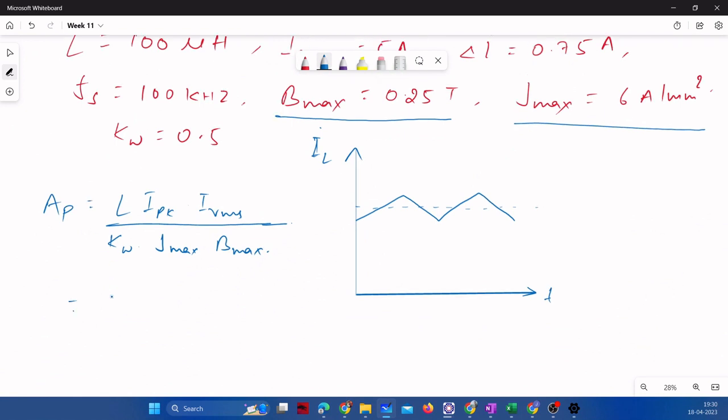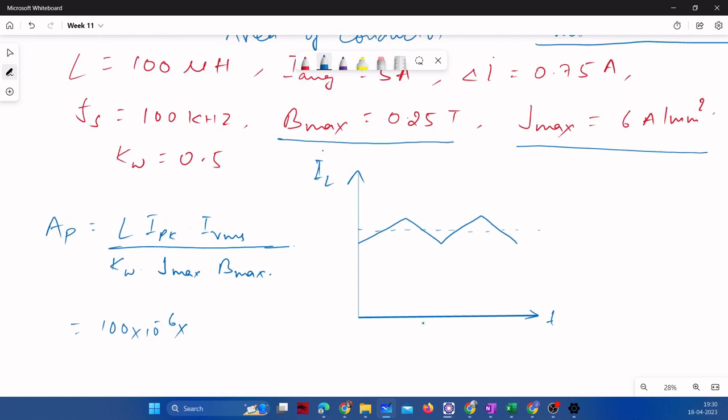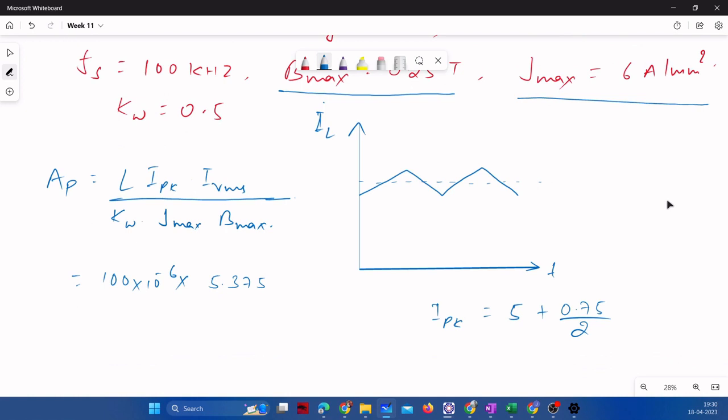So here I will just plug in 100 microhenry, and I peak is nothing but 5 plus 0.75 by 2. So I peak is 5 plus del IL by 2, so 0.75 by 2, which is 5.375 approximately.